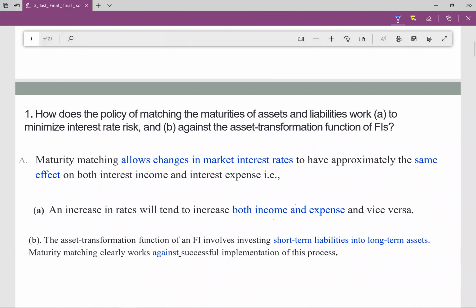Now, the first question is, how does the policy... any question about the calculation? Can I continue? Sir, can I ask what is repricing? Can you please explain that? Repricing means coming back and reconsidering the changes in the interest rate in the market.